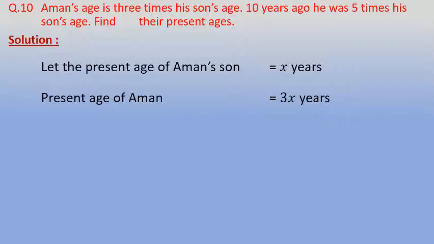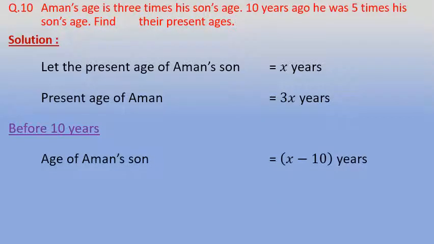Next, 10 years ago, we have to find out the age of both of them. That is, before 10 years, age of Aman's son equal to x minus 10 years. Age of Aman equal to, now Aman's present age is 3x, so before 10 years, it will be 3x minus 10 years.